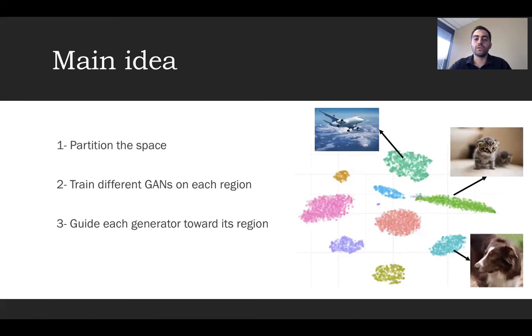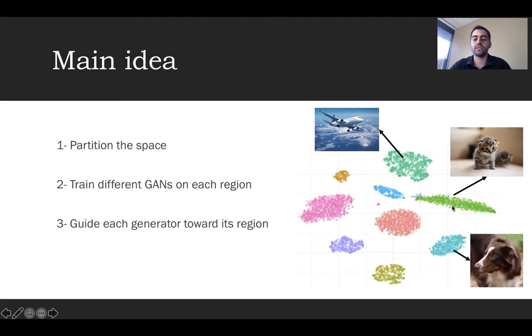So our main idea to address the two mentioned challenges with the generative model is to first partition the space, train a different generator or GAN on each region, and guide each generator to only generate samples from its region.